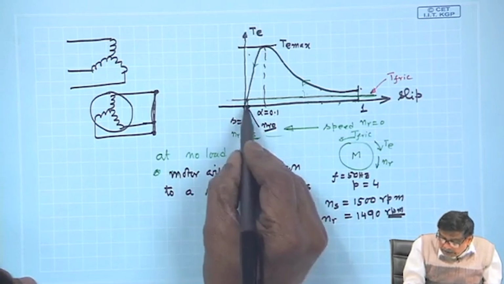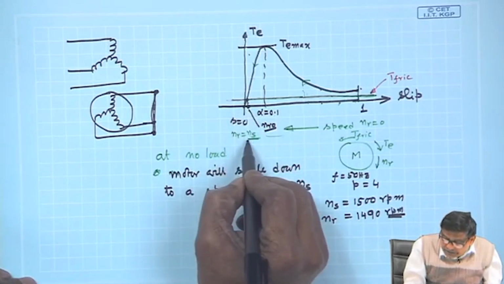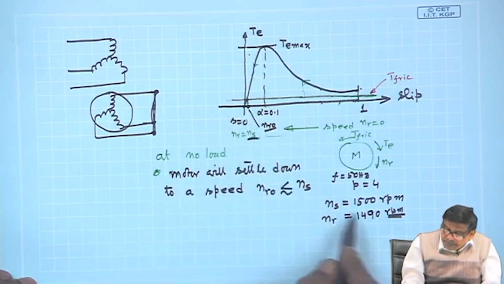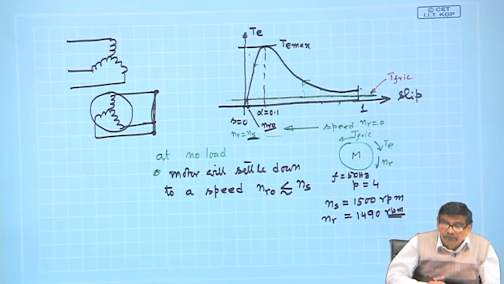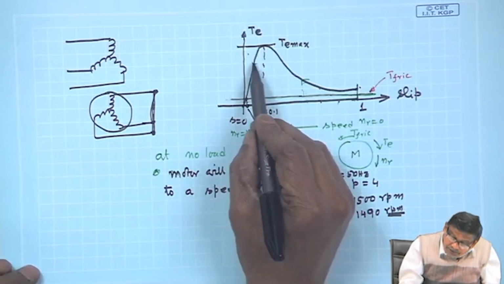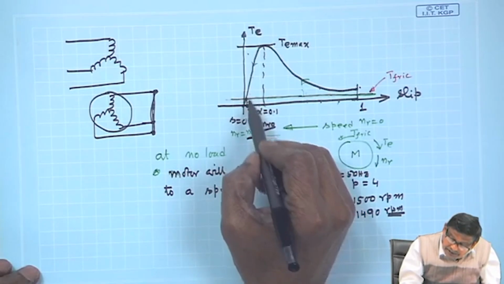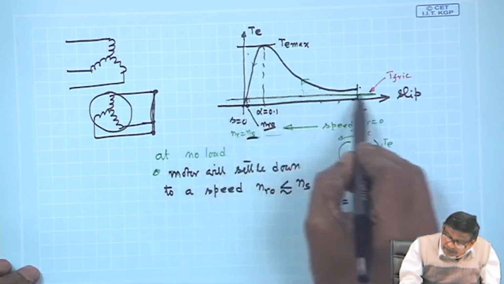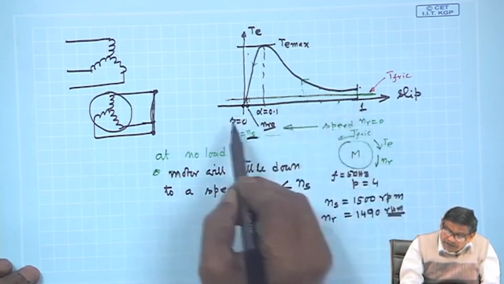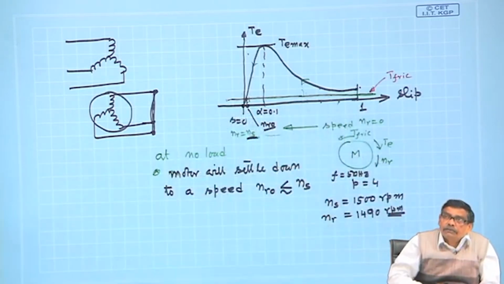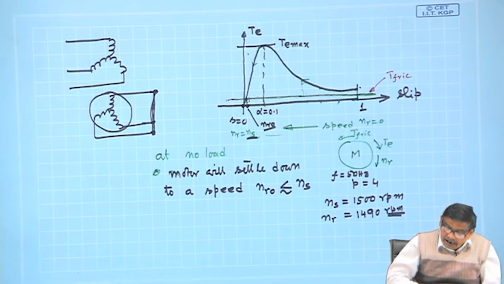So, the operating point under no load will be very close to the synchronous speed ns, but less than that. Had there been no friction at all, then this line is not there and it will come here. When the opposing torque is 0, electromagnetic torque developed by the machine is 0, and machine will settle down to synchronous speed. Anyway, that is a very ideal situation.